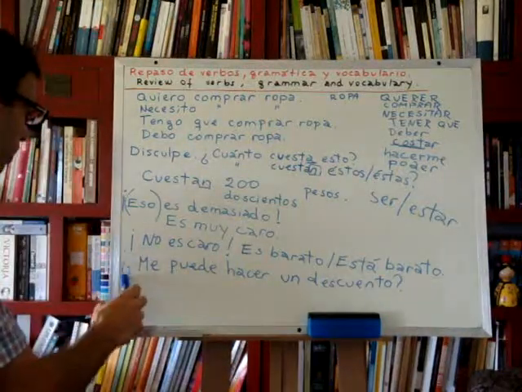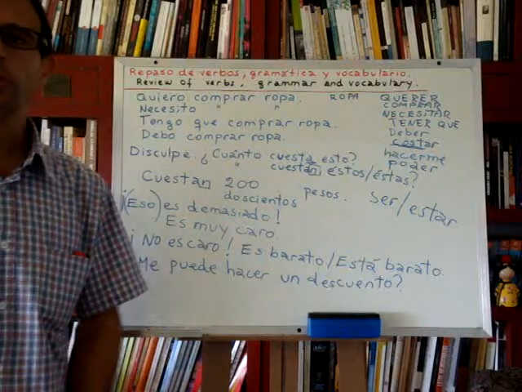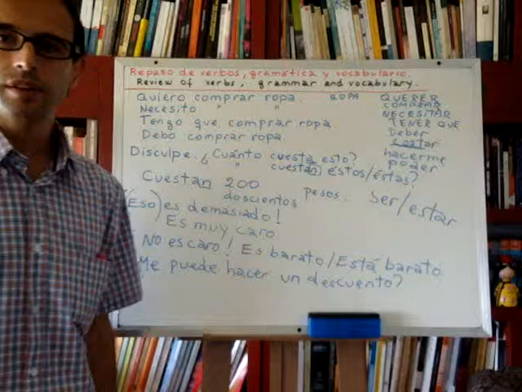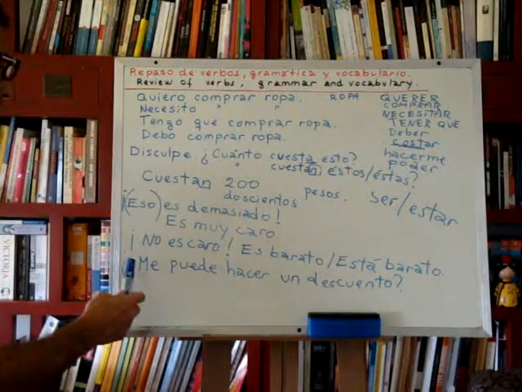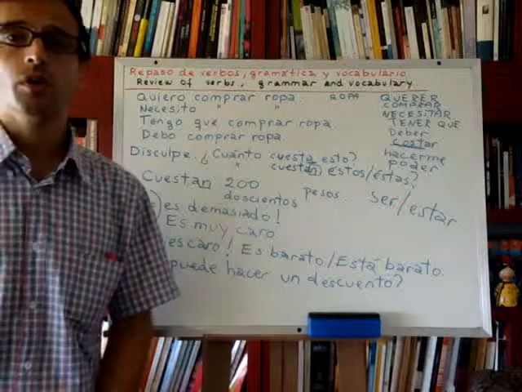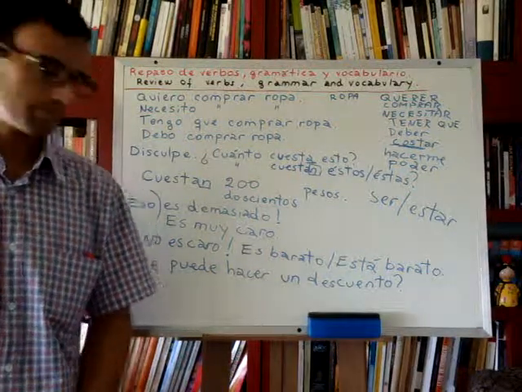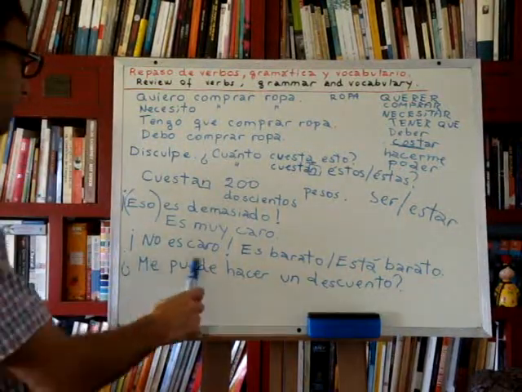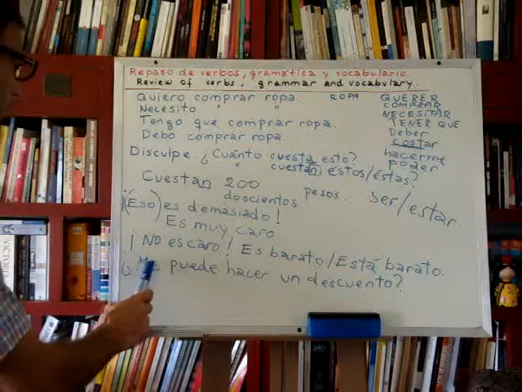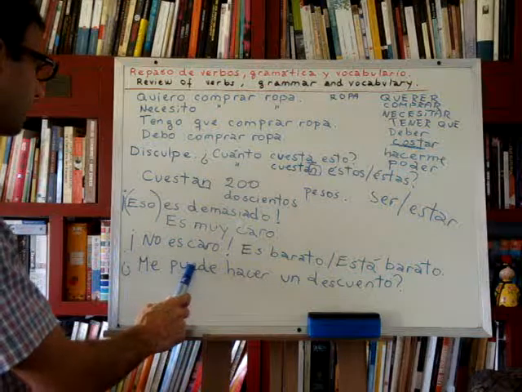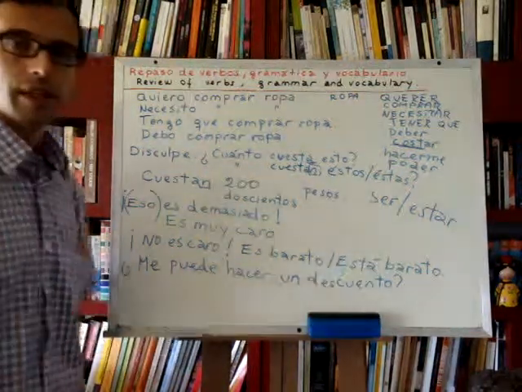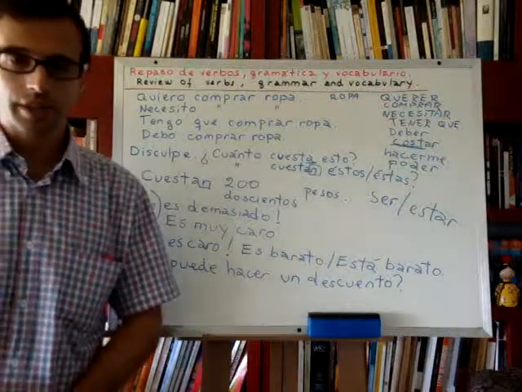If we do not open the question mark, we do not know it is a question until we finish the sentence. That's why in Spanish we always open the question marks or the exclamation marks, okay? ¿Me puede hacer un descuento? To me, can you do a discount? That is the literal translation, okay?